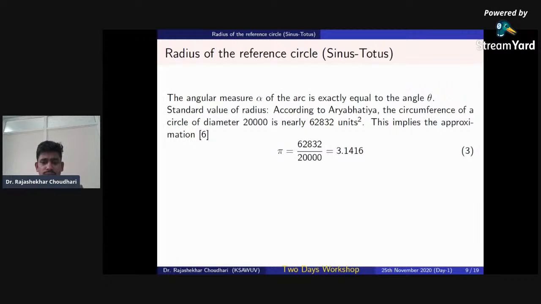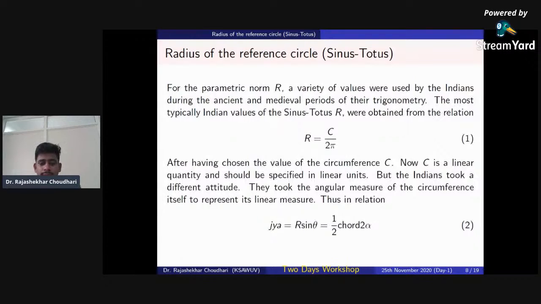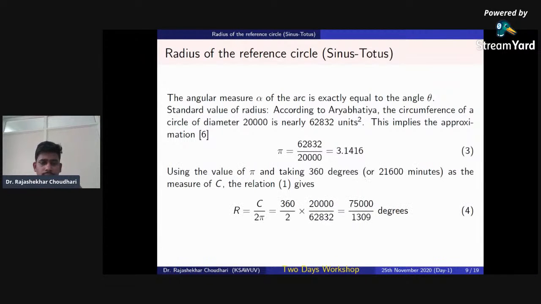We are making use of this particular approximation, and we have substituted the value of this pi in equation 1. And for the value of C, as we said, the Indians measured it in terms of angle, so we are taking the circumference equal to 360 degree.